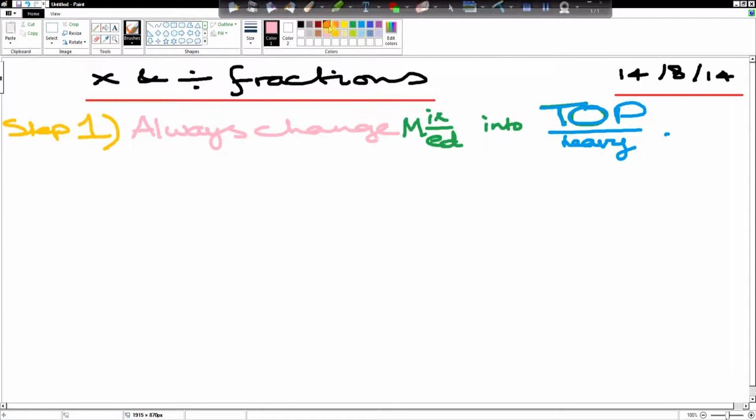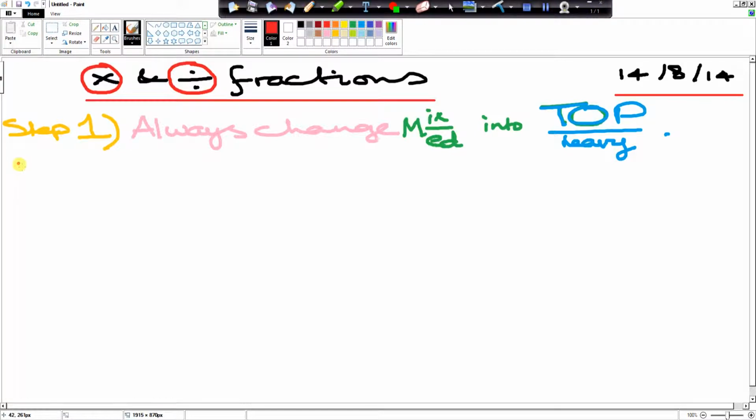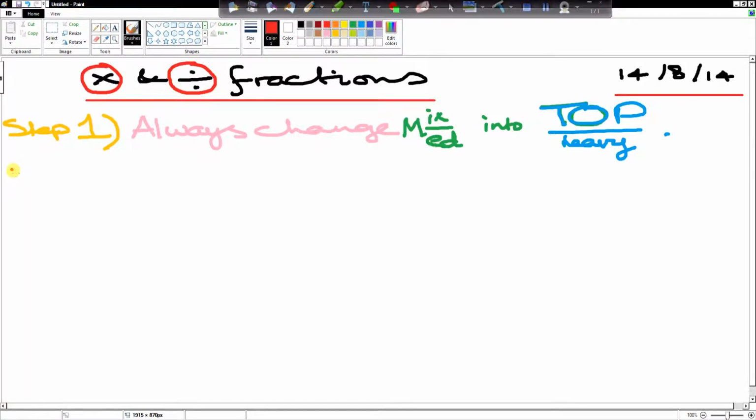Okay, so multiplying and dividing follow the same steps, but division has an extra step. We call that step 1.5. This step is only for division.